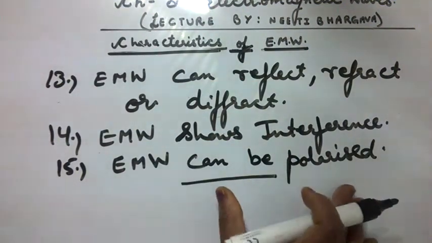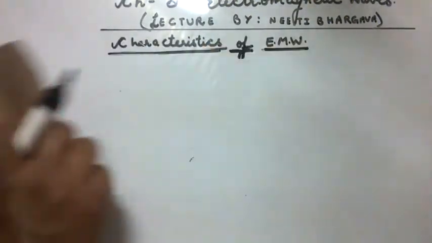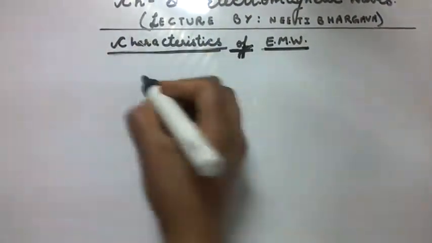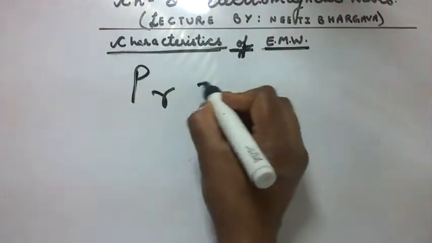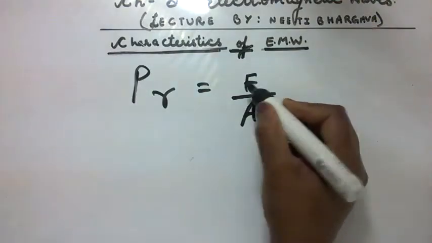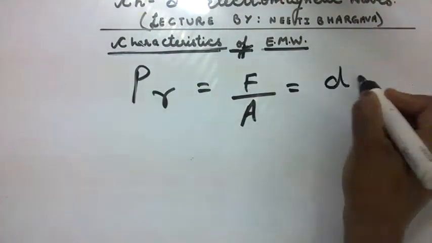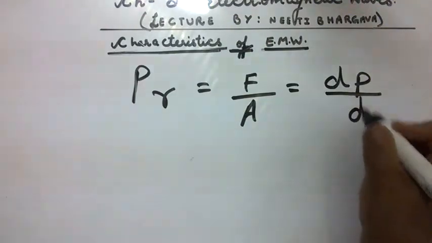Now the last and the very shortest point is, as we have studied about radiation pressure, which is equal to the force per unit area, and by Newton's second law we can write force is equal to the rate of change of momentum, that is dp by dt, area as it is.